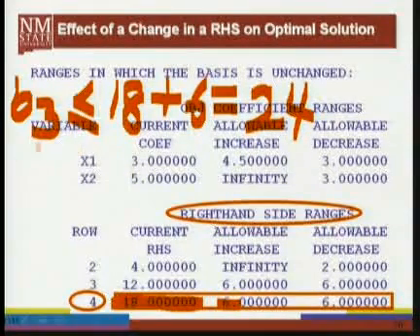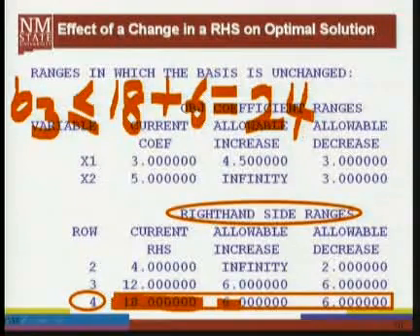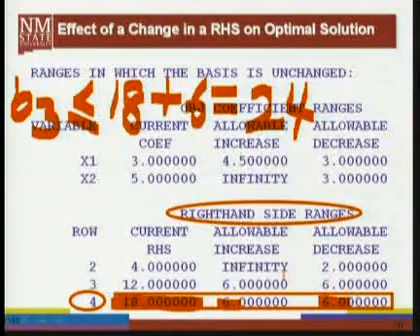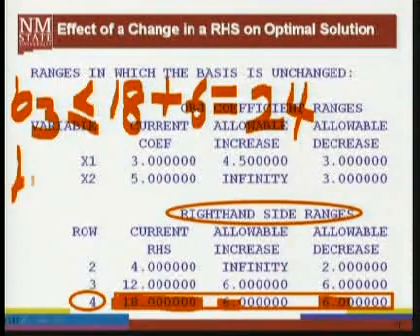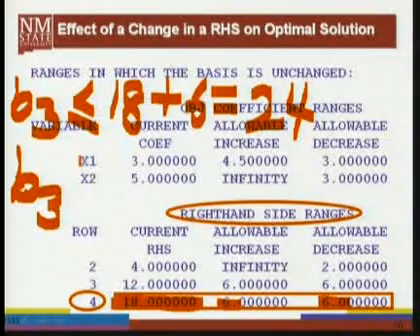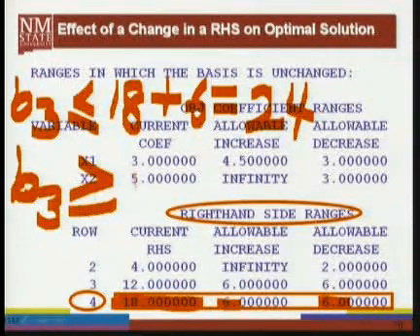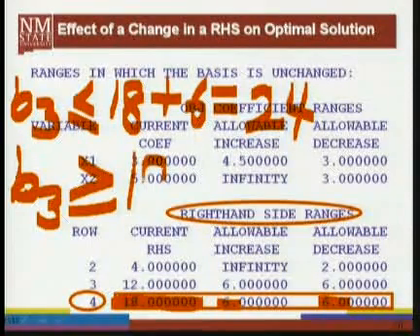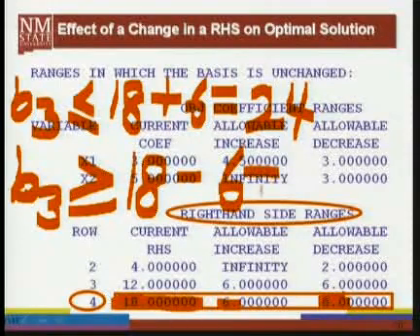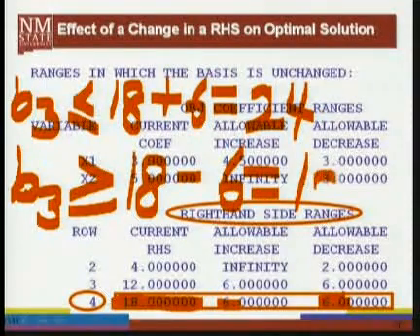So B3 must be less than or equal to 24, and the allowable decrease limit is 6, which means B3 should be greater than or equal to 18, the current value, minus this value, 6, which is 12, right?